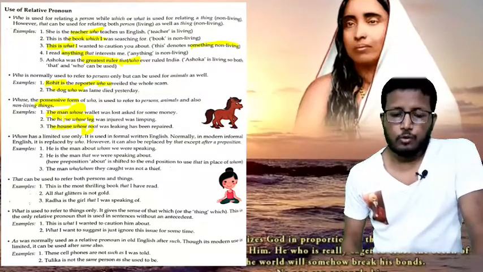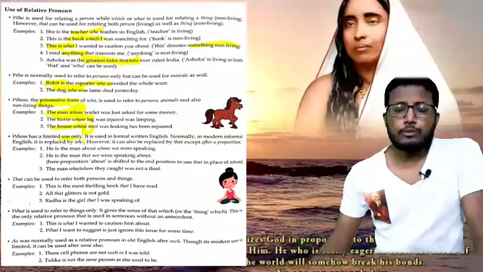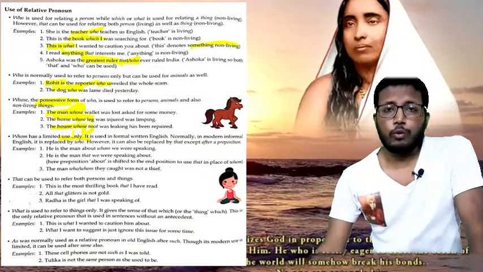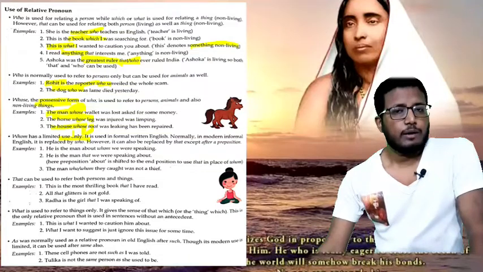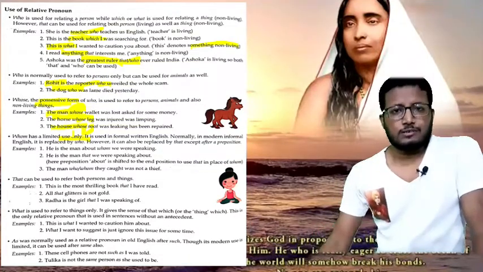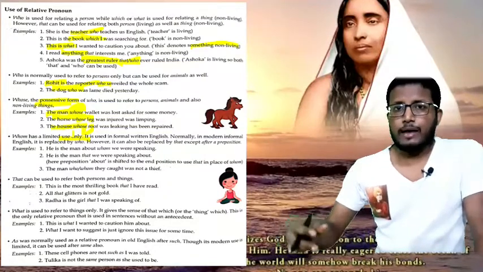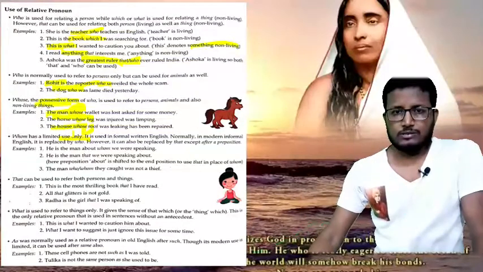Now let's come to whom. Whom has a limited use only. If I ask you the Bengali meaning of whom, what is that? Whom's Bengali meaning is kake, but in this use its meaning will change, that is jake. The man whom you saw there, সেই লোকটি যাকে তুমি সেখানে দেখেছিলে.